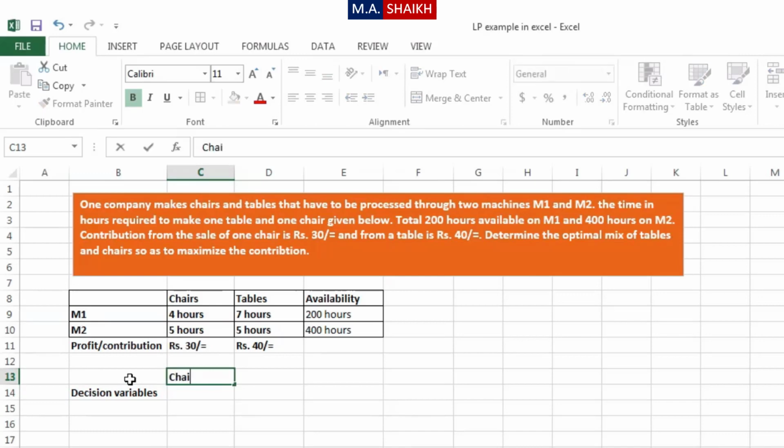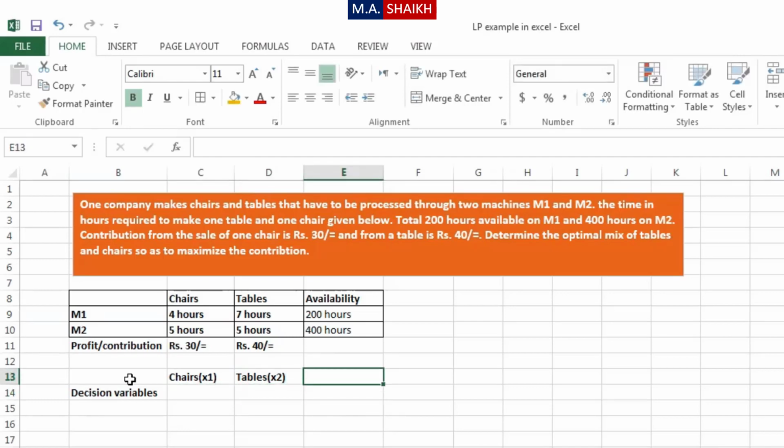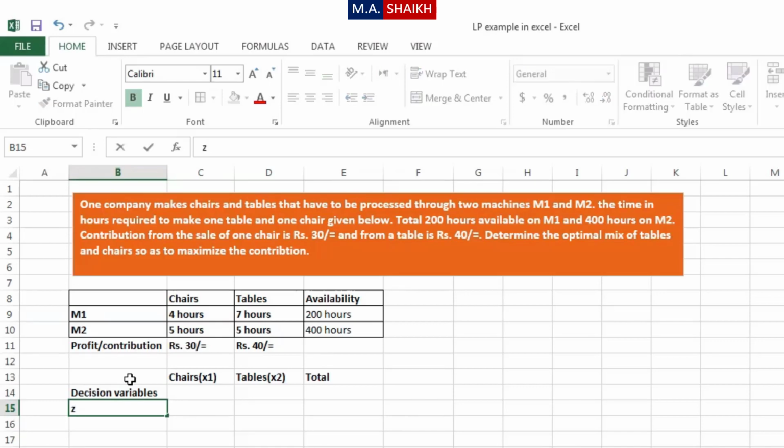Decision variables for chairs is, suppose, x1, and for tables is x2, and here is the total, and this is Z. I'm going to make the objective function now.